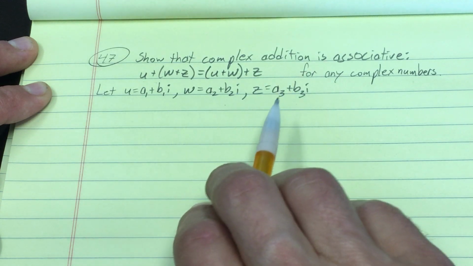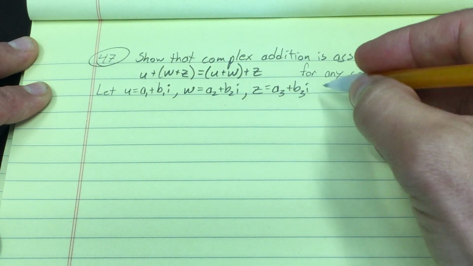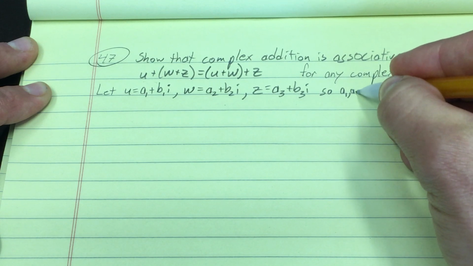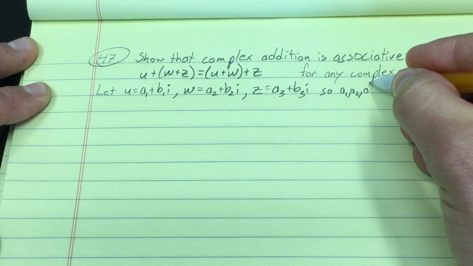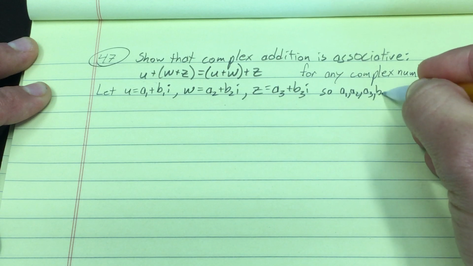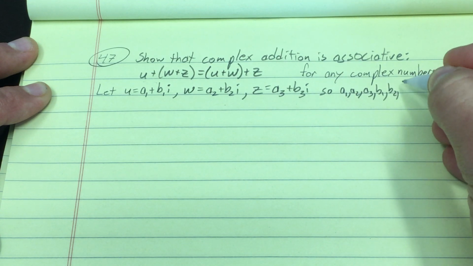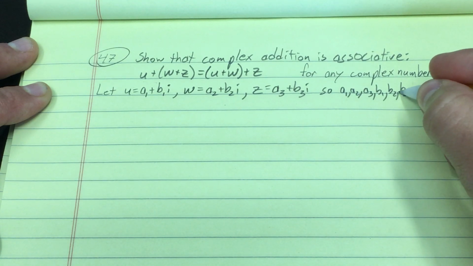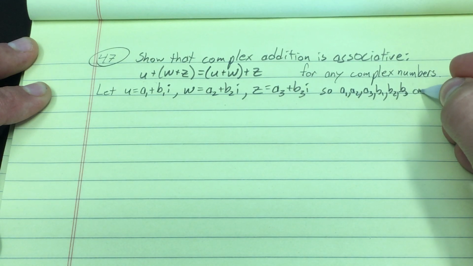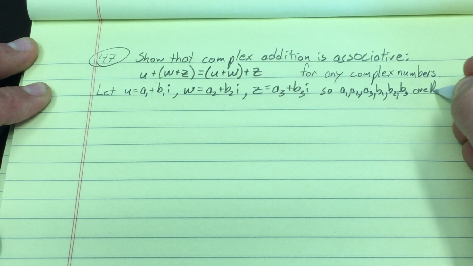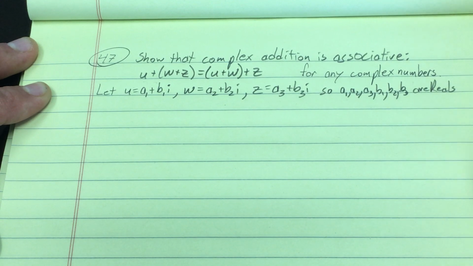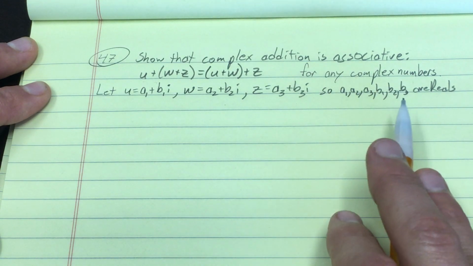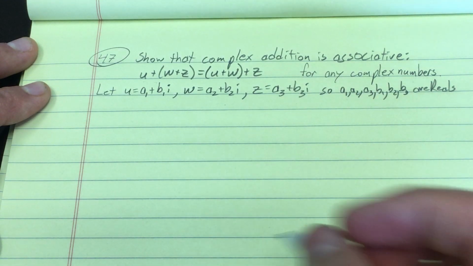Okay, and now a1, a2, a3, b1, b2, and b3 are real. And by real, that means that associativity applies to addition of those.